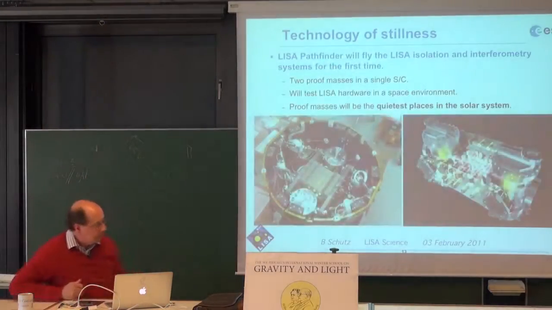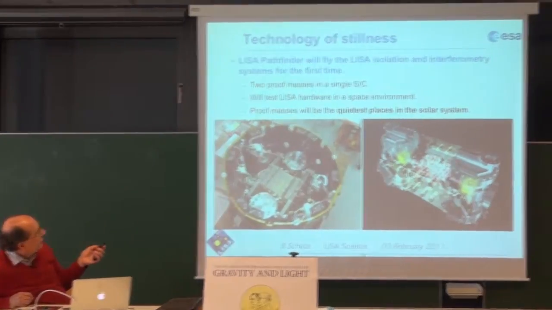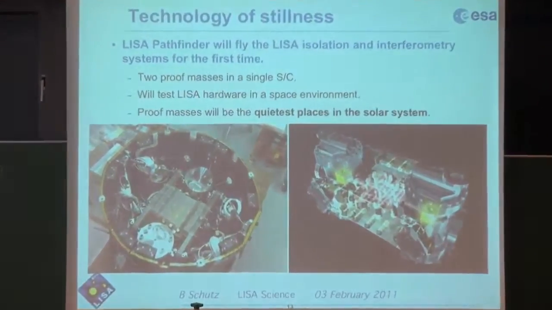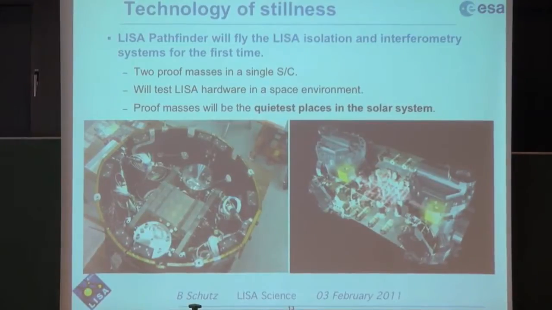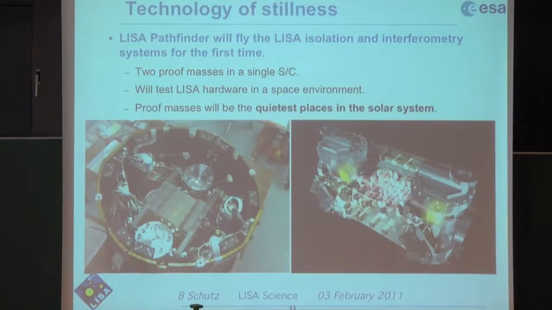That's it. This is the LISA Pathfinder again. I just wanted to show you the pictures of the LISA thing. This is Pathfinder. It's a big can with 2 test masses separated by 0.5 meter. So inside this is the diagram I showed you earlier, with those free test masses sitting there.